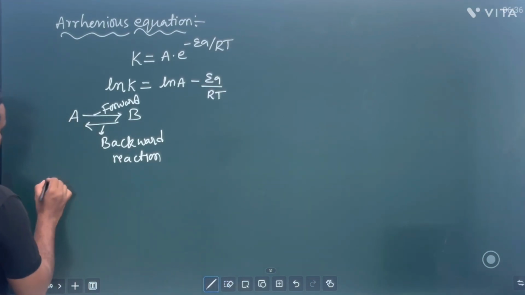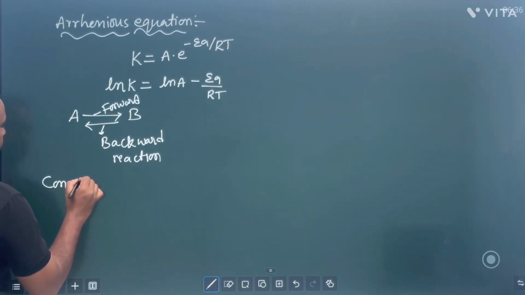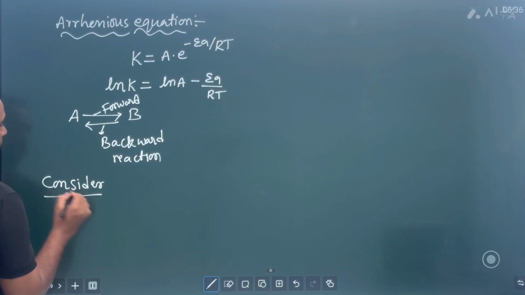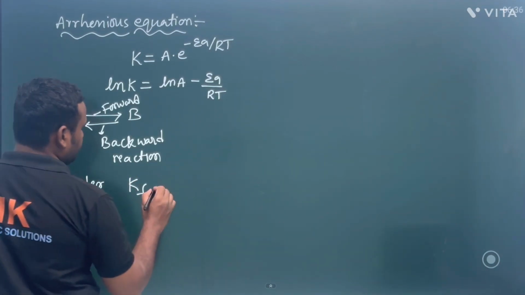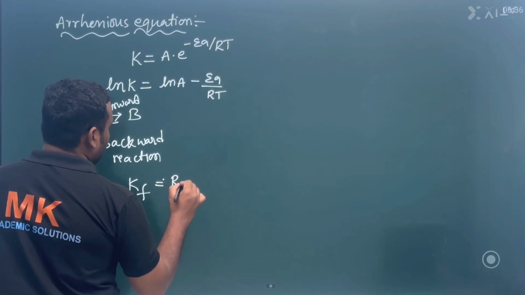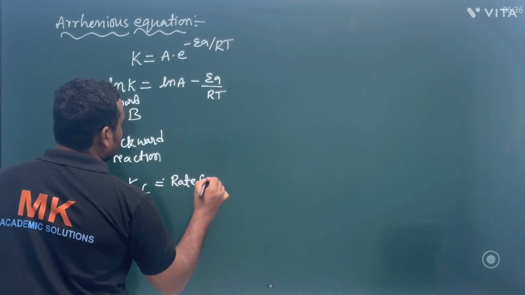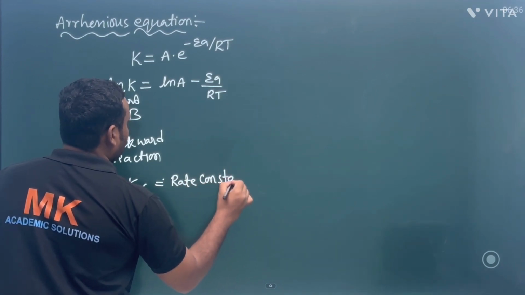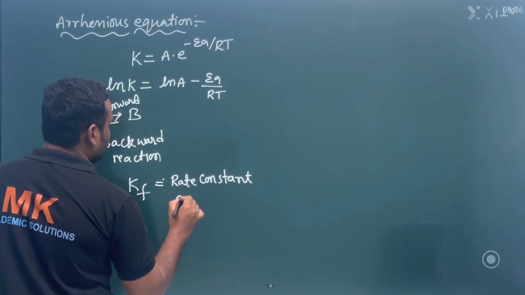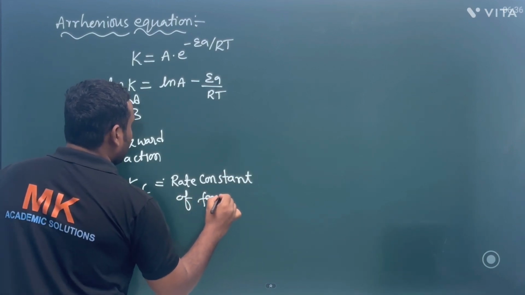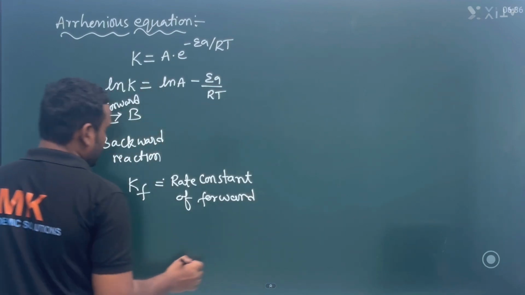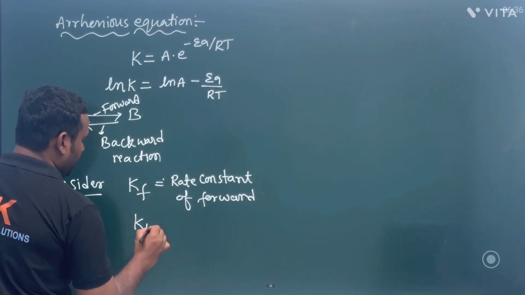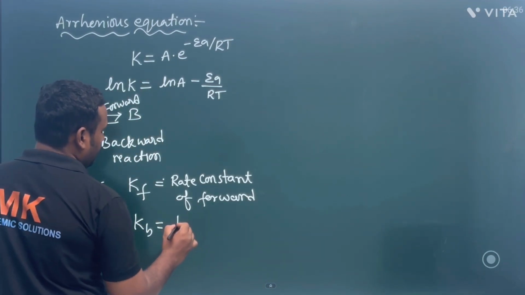Consider Kf is the rate constant of forward reaction, and Kb is the rate constant of backward reaction.